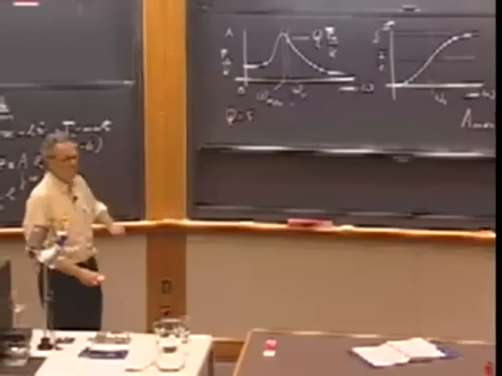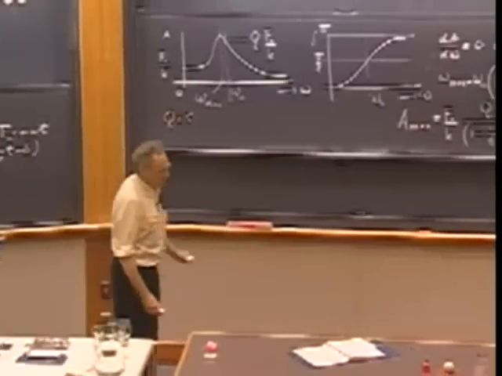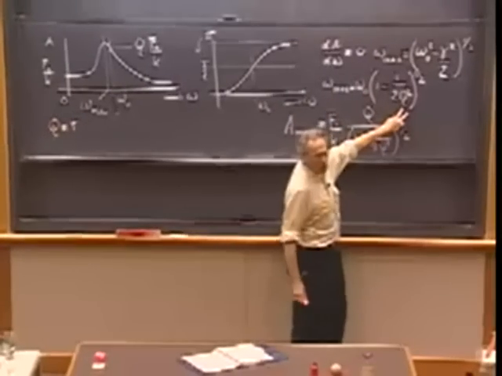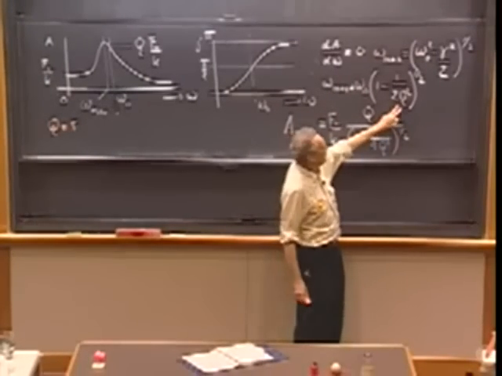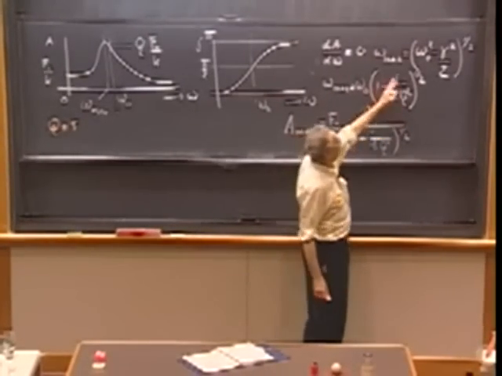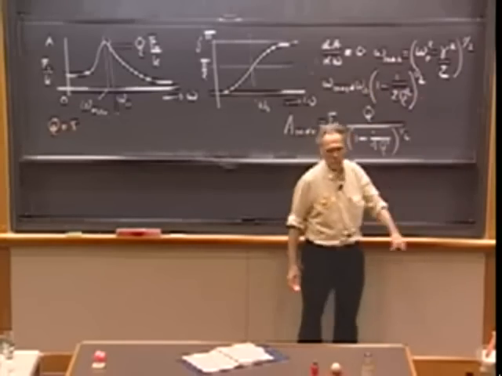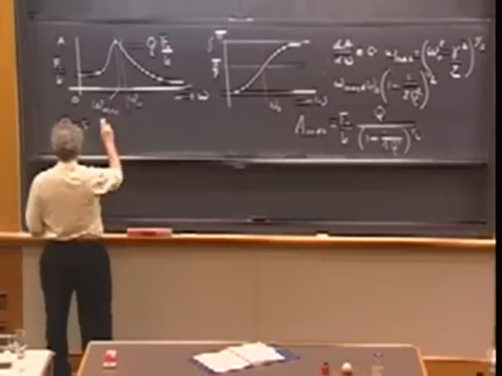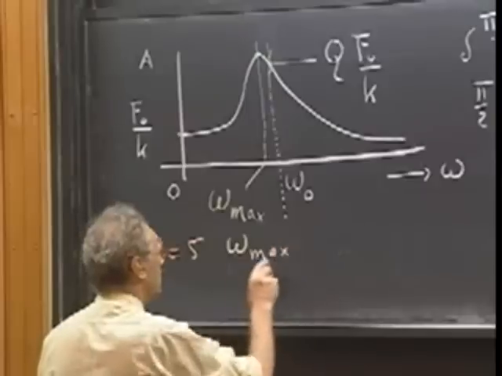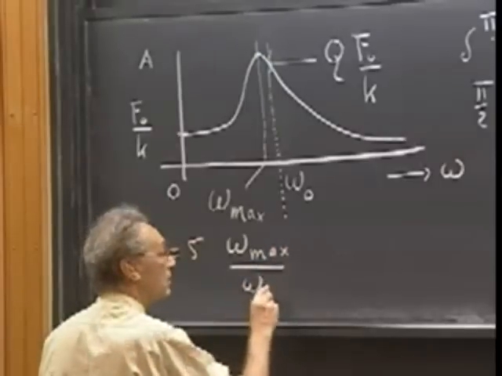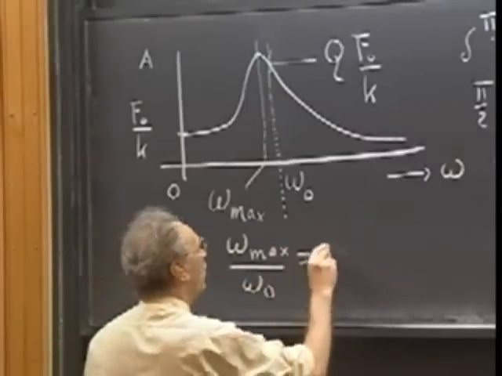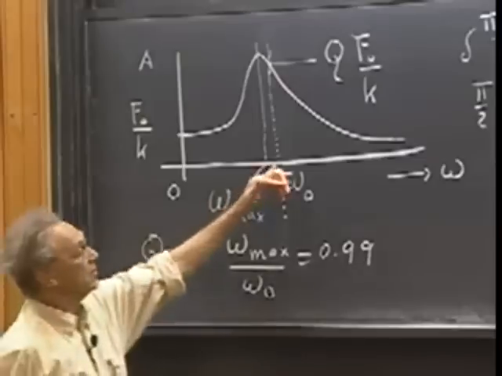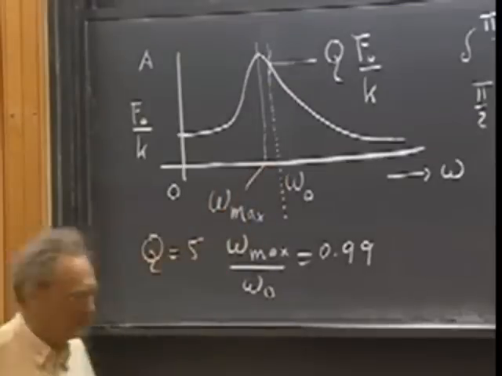So I take a modest number for Q. If I go to this equation here, Q squared is 25. 2 times 25 is 50. That's 2%, but I have to take the square root, so it's only 1% off. So omega max divided by omega 0 is 0.99. It's only 1% below omega 0.